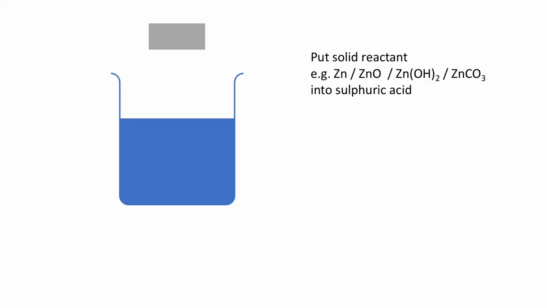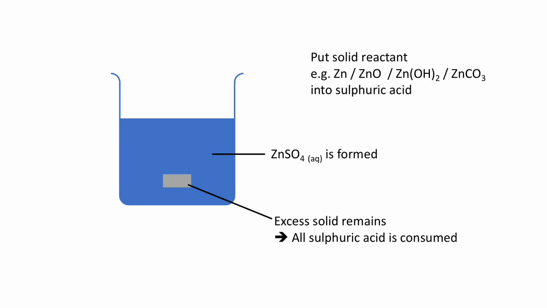For the preparation of zinc sulfate, as an example, we put the solid reactant into sulfuric acid. After reaction, the zinc sulfate solution will be produced, and the excess unused solid reactant will remain. This makes sure all the sulfuric acid is consumed and will not be left in our product solution.